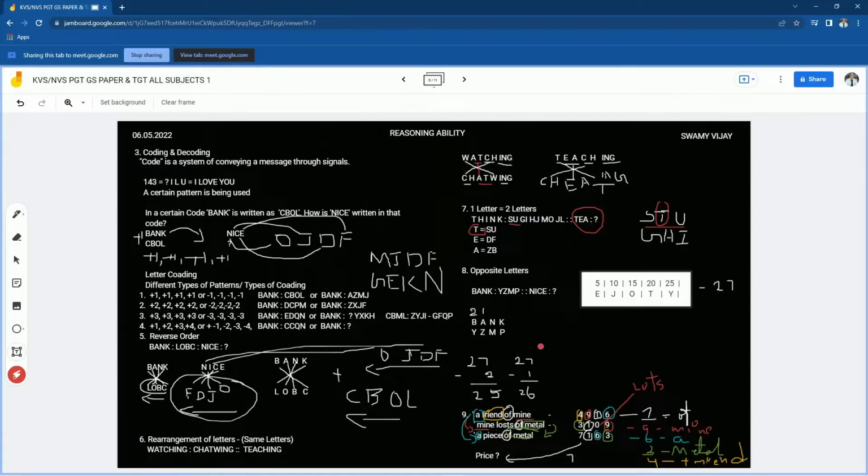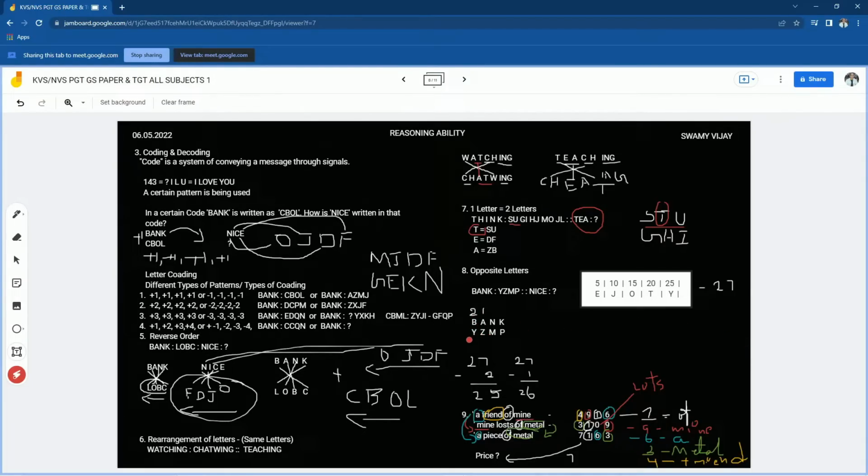Now here what we have to do is find out why Y is the equivalent letter for B. Now we should count the number of Y. So what is the number of Y, Diksha? In your chart it will be what? 25, sir. 25, right. Now what is the number of B in the chart, Diksha? 2, sir.